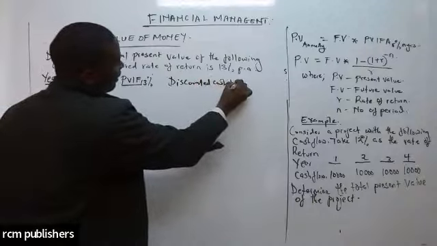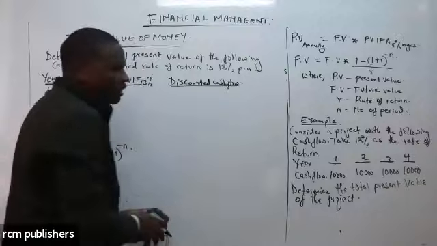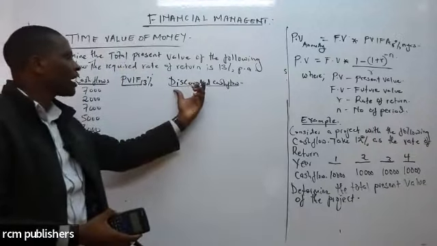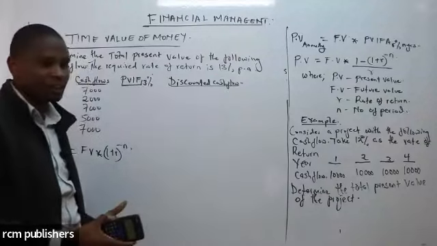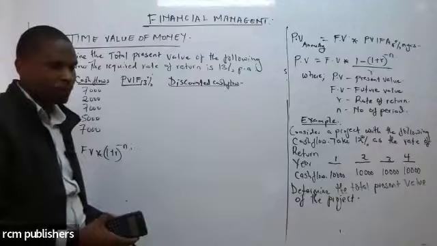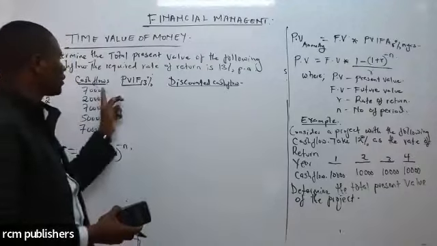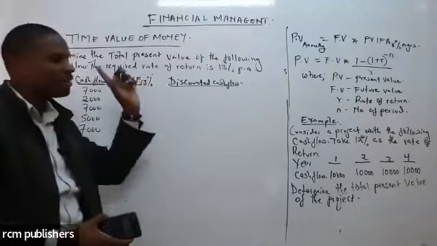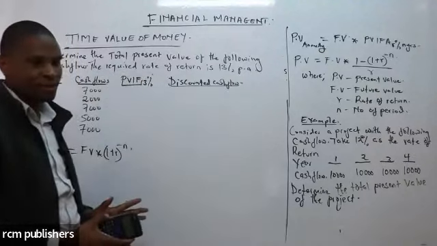Once I get my discounted cash flow, somebody guide me and remind me what I should do to all these discounted cash flows so that I get my total present value. I'll get the discounted cash flow for year 1, year 2, year 3, year 4, and year 5.